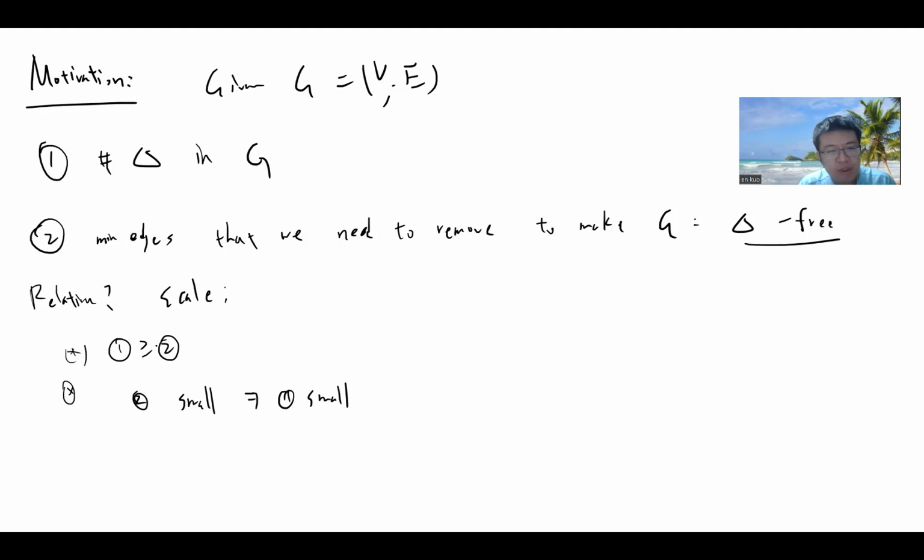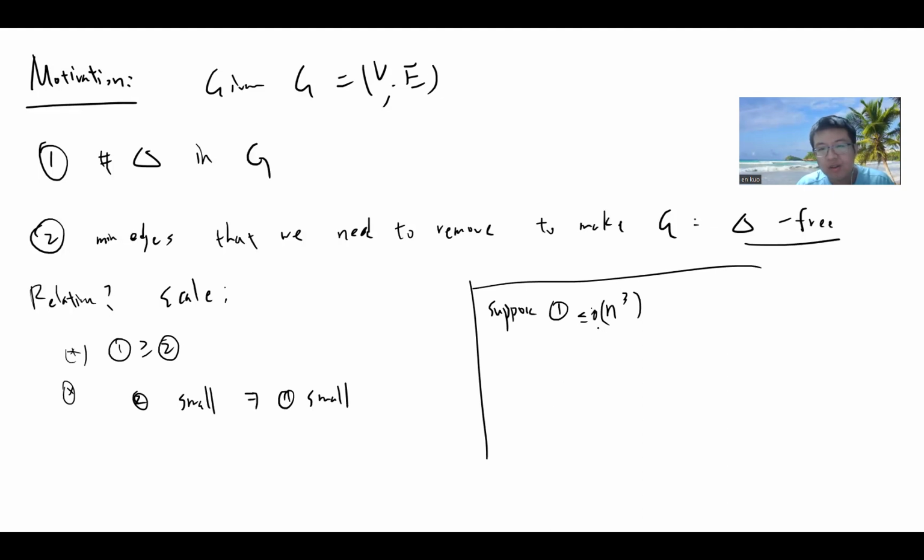Okay, but we want to know the scale. So what this means is that suppose 1 is little o(n cubed). We want to know what we can say about 2.